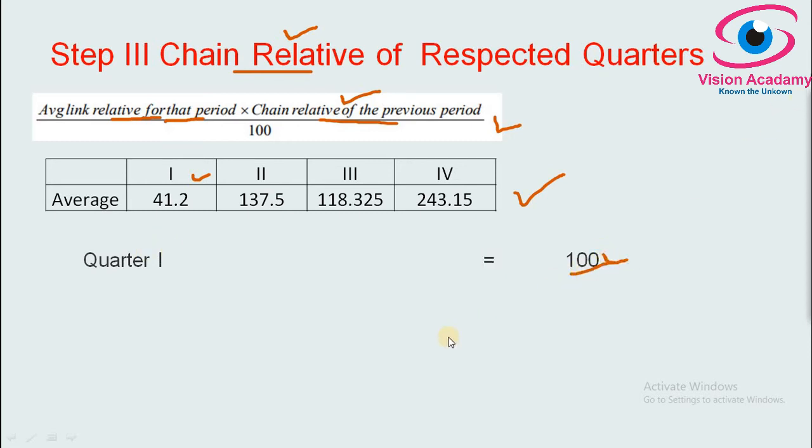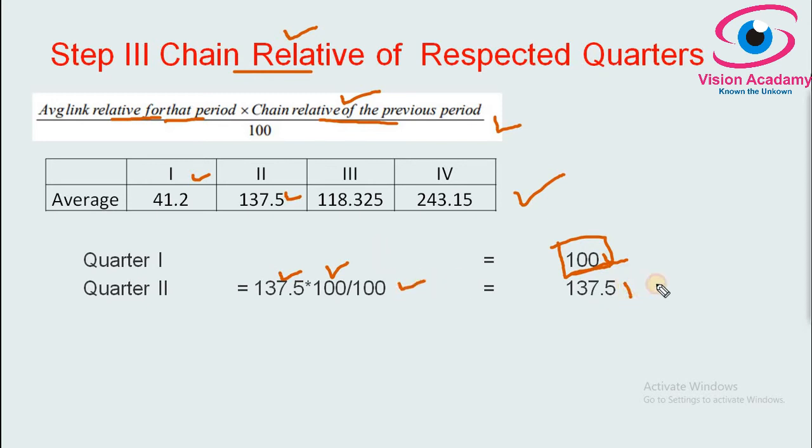And for the second quarter, now you can see how we apply the formula. The average relative for that period, the average relative for the second quarter, is 137.5. Here I have applied it. And the chain relative of the previous period is 100. We assumed that, and divided by 100, which will be 137.5.